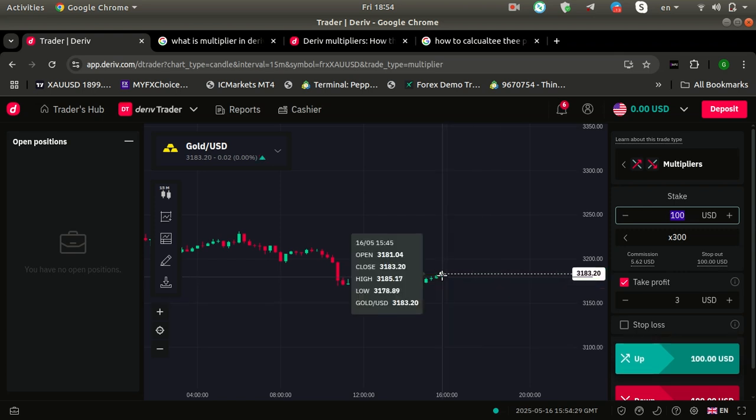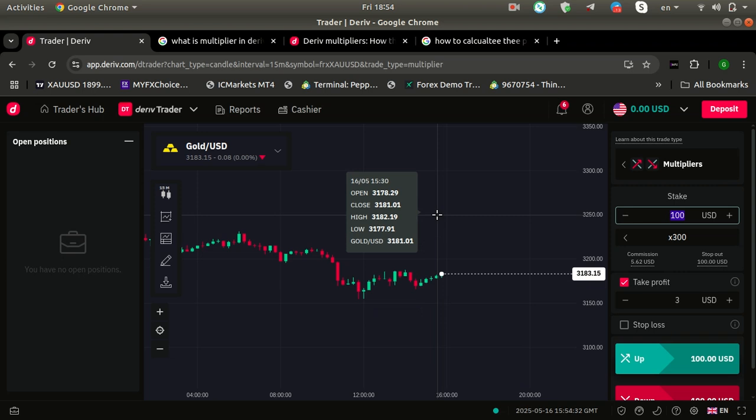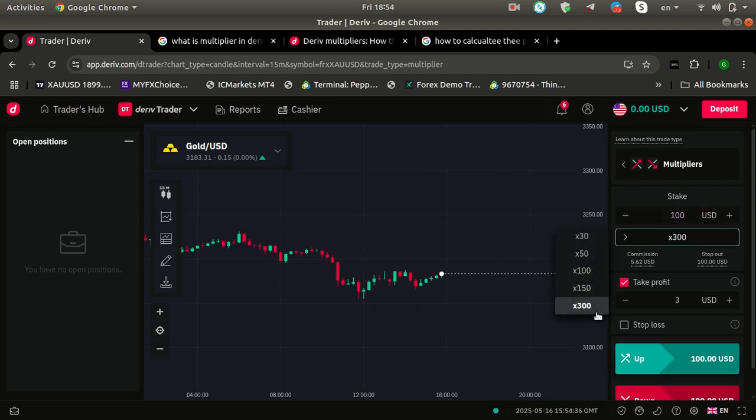If the price goes up 2%, since I'm using a multiplier of 300, that 2% of 100 will be multiplied by 300. Right? Basically, when the price goes up 2%, since I staked 100, I would have earned $2. But since I'm using a multiplier here, that $2 will be multiplied by this number that I choose over here.